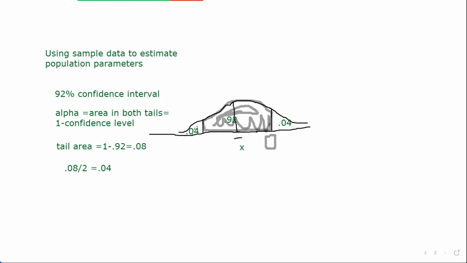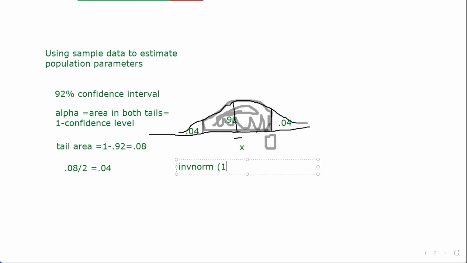So you want to go with everything to the left, and we know, to answer your question from earlier, that that's inverse norm. So in this case, this is going to be what we call my confidence coefficient, or sometimes I think she calls it just the Z, but it's just the confidence coefficient. This is inverse norm of 1 minus alpha divided by 2, and this is the general form.